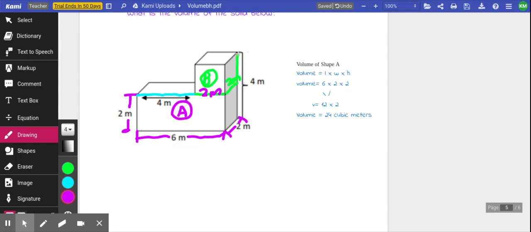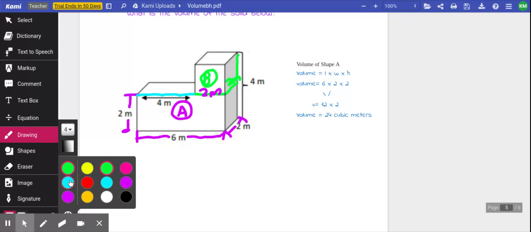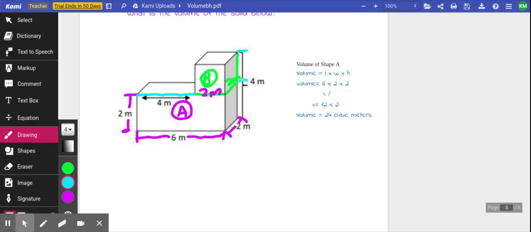Now what would be the height? It shows us the total height of the whole shape is 4 meters. So I would have to figure out, well, how tall is it from here to here? Now, in the first prism, A, it tells us from here to here is 2 meters.